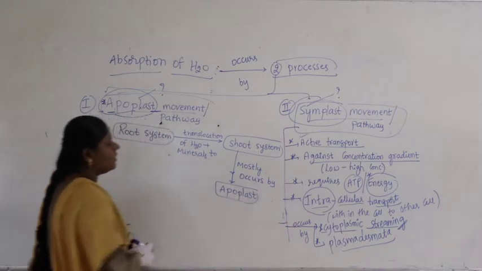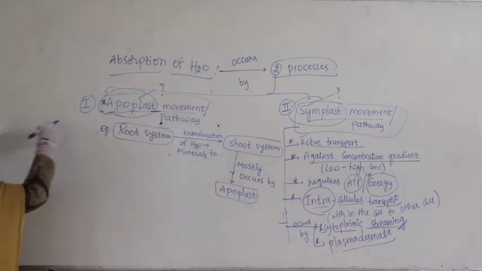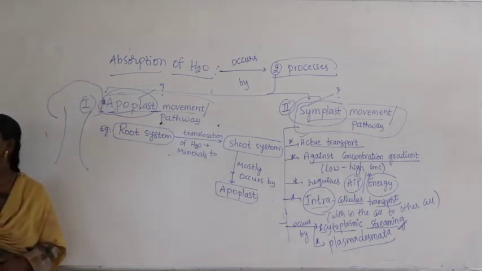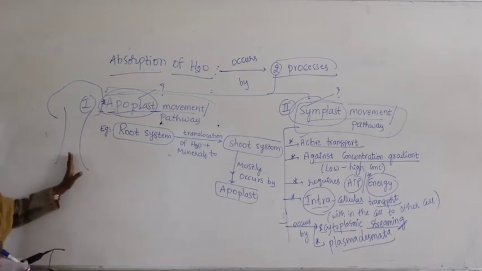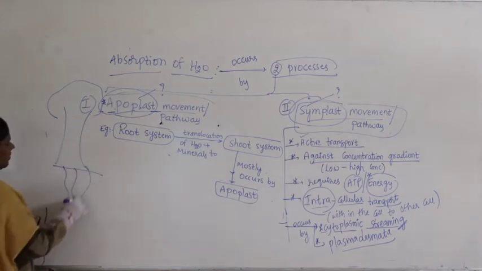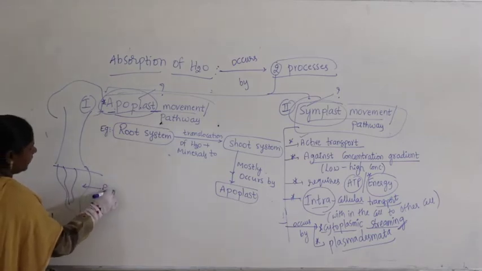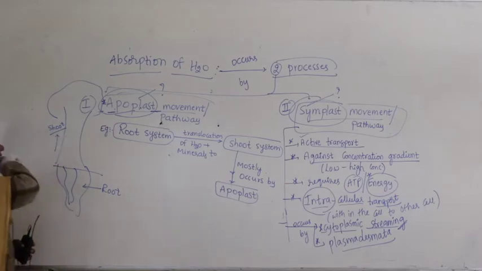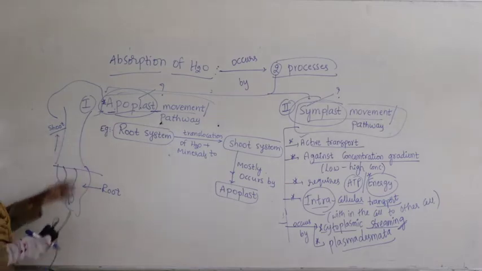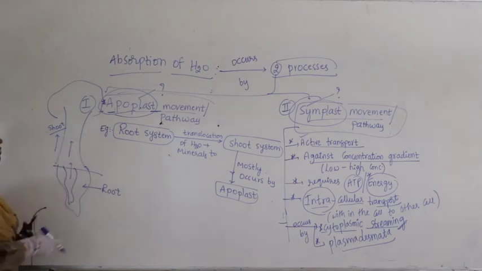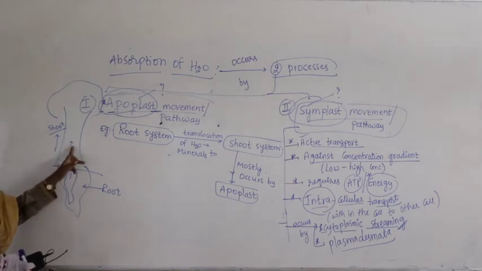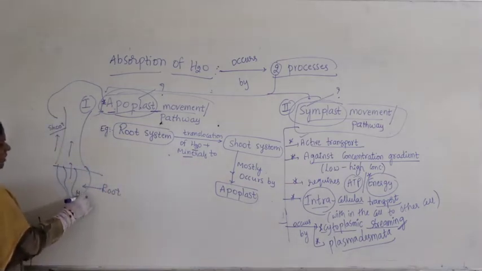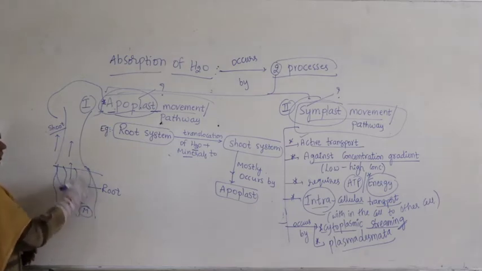What is the meaning of this? This is a total plant. This is the root system, this is the root and this is the shoot. From root to shoot, the movement happening is of water plus minerals.